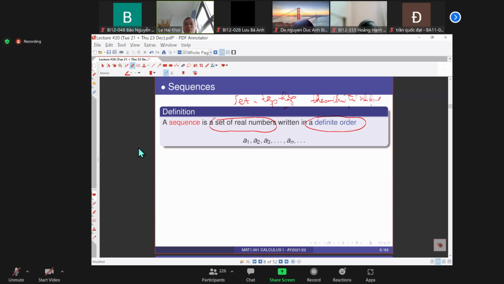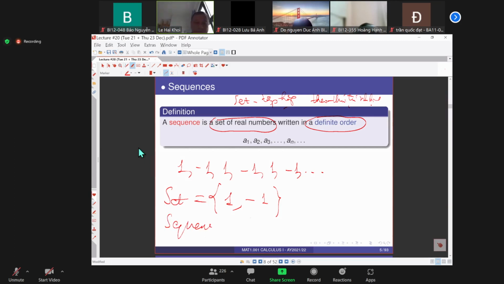Okay. So for example, if you write 1, negative 1, 1, negative 1, 1, negative 1, etc. If we talk about a set, there are only 2 elements. But if you want to write it as a sequence, then you have this sequence.